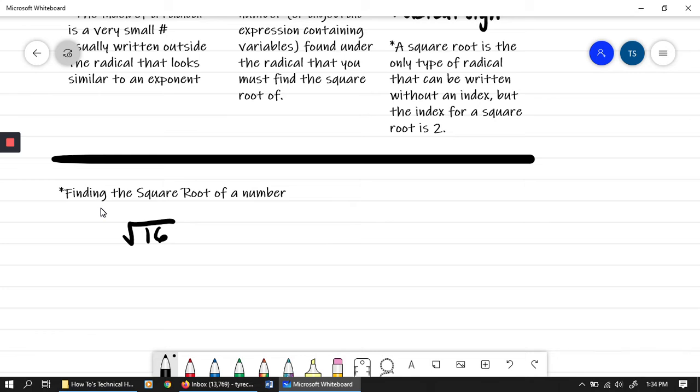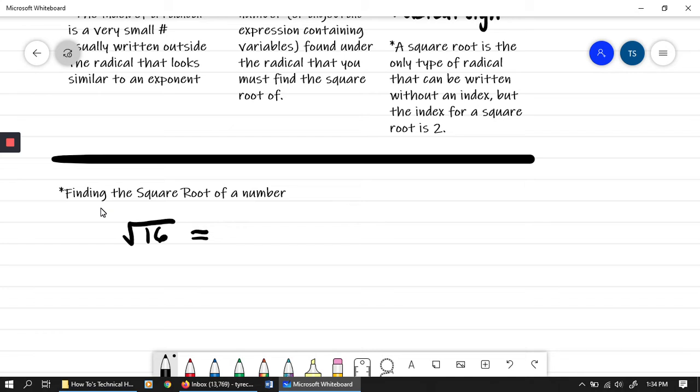We're talking about finding some number that when you multiply it by itself, you would get 16. Most of us would automatically say, okay, 4.